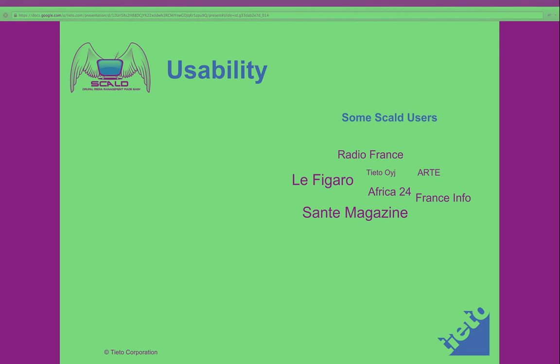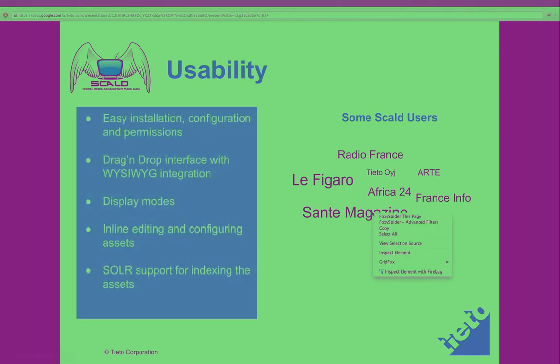And the big difference between asset and Scald is that Scald also supports Solr. So you can index everything in Solr, which is a huge advantage when you consider a corporate website where you have a lot of data.